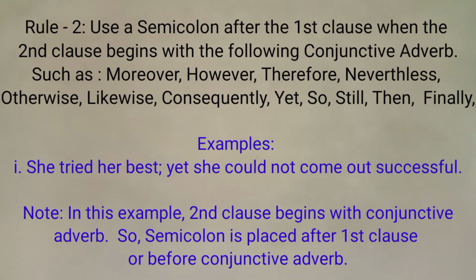Okay, so after the first clause you have to use a semicolon when the second clause begins with however, moreover, otherwise, therefore, that means the above conjunctive adverbs. Okay, the second part begins with yet, so before yet, or after the first clause, you have to use a semicolon.